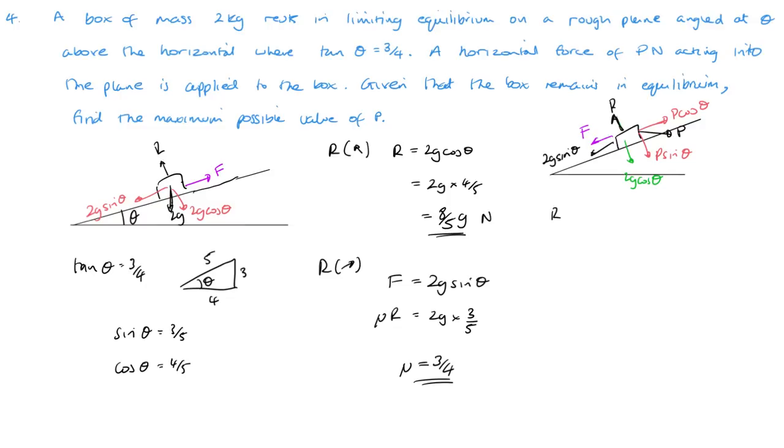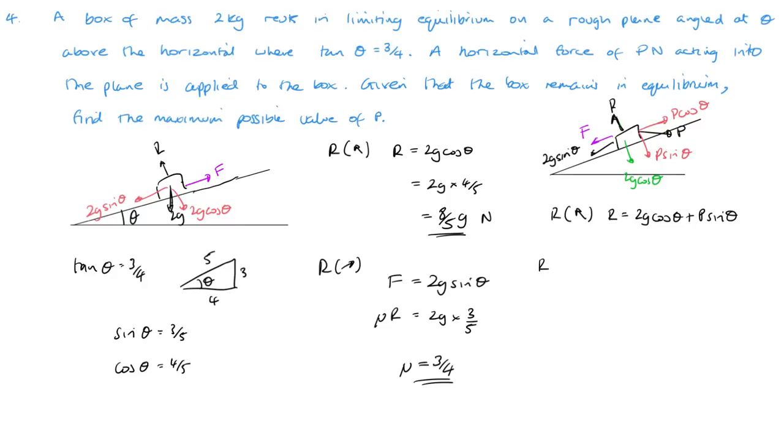And now we have to resolve perpendicular and parallel to the slope, because R will have changed now. R will be equal to 2g cos theta plus P sine theta, won't it?